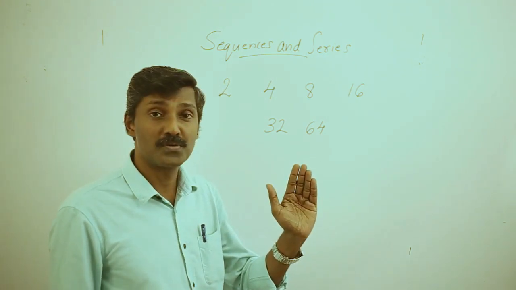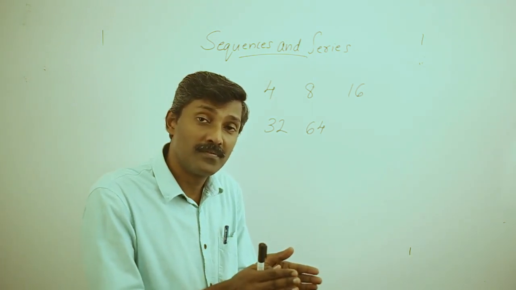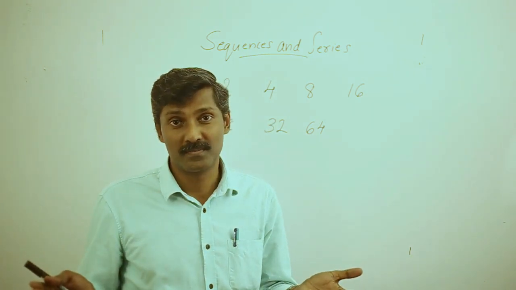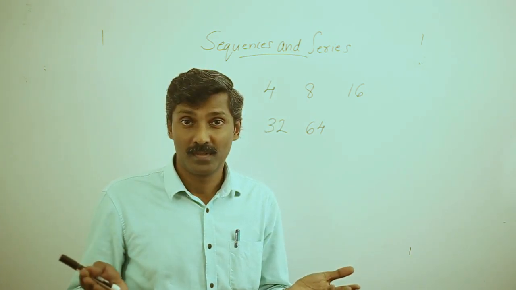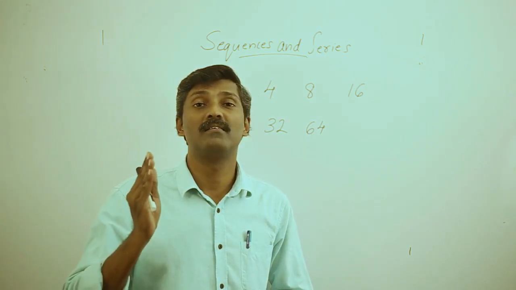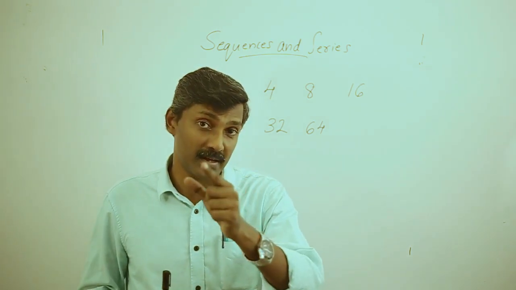So it will end at 1024, right? So that is a finite sequence. It ends there. But if it doesn't end, for example, if I tell you the natural numbers, it doesn't end. 1, 2, 3, 4, 5, 6, and it goes up to infinity. Nobody can find the last number. It just goes on like that. That is an infinite sequence.